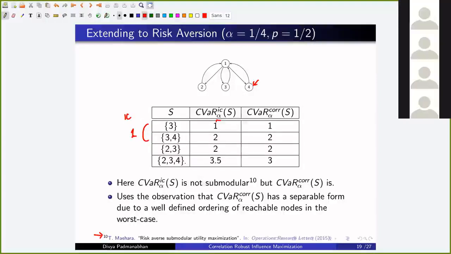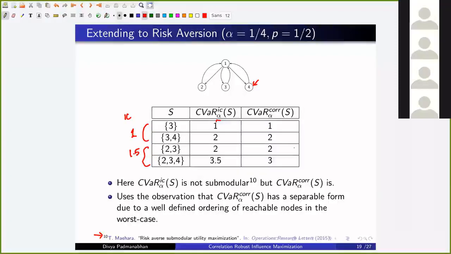Now, if you try to add it to the set 2, 3, the difference you have is 1.5. So the CBAR metric for this alpha is not submodular, because adding this element to a larger set is giving you more benefit.